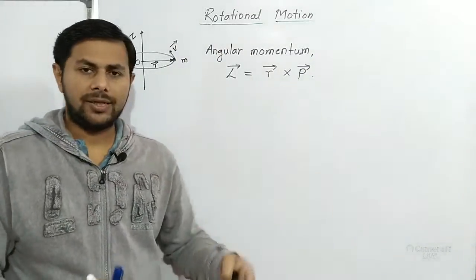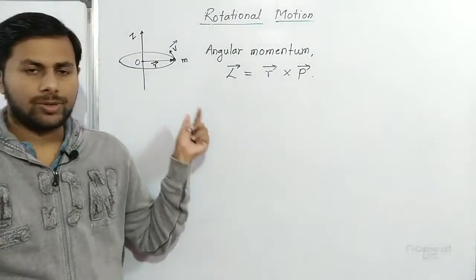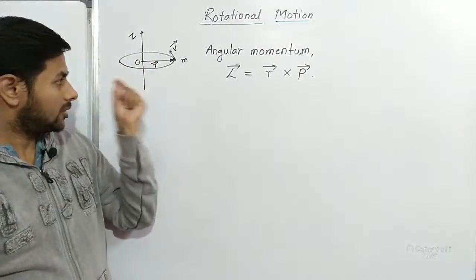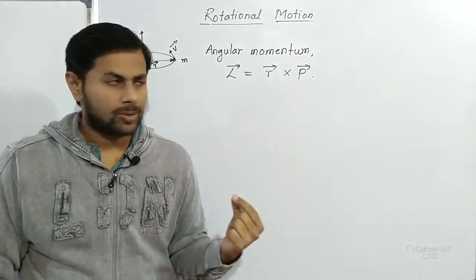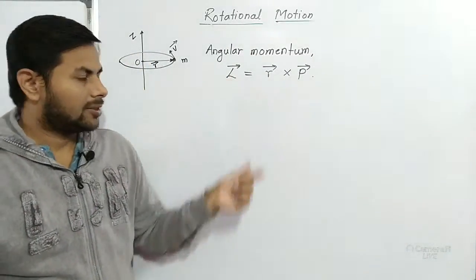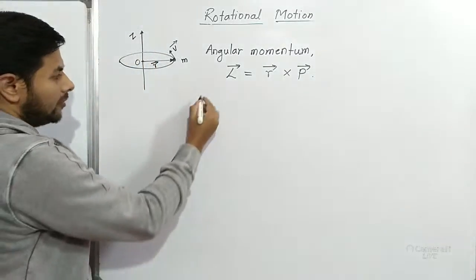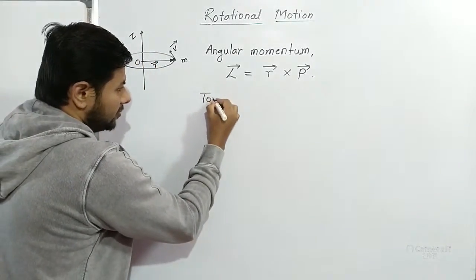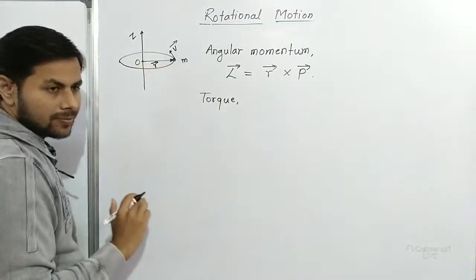Just like we have momentum in linear motion, for a particle revolving in a circle, in circular motion, angular momentum is an analog of linear momentum. We also define a quantity, torque, acting on this mass.